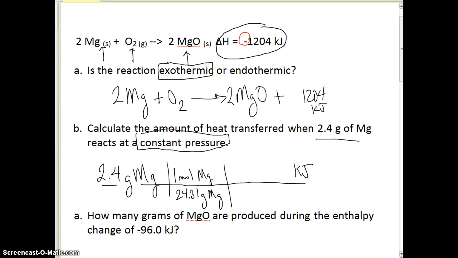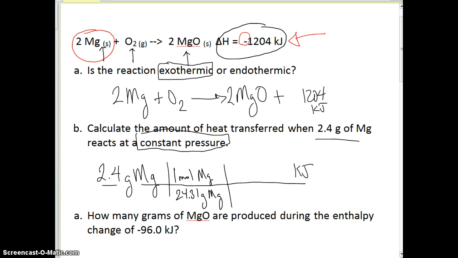Now, there's a trick in this problem, and this is why I wanted to talk about it. If we go up here and look at magnesium, it's given as 2 moles per 1 mole of oxygen yielding 2 moles of magnesium oxide, giving negative 1204 kilojoules as our heat released.